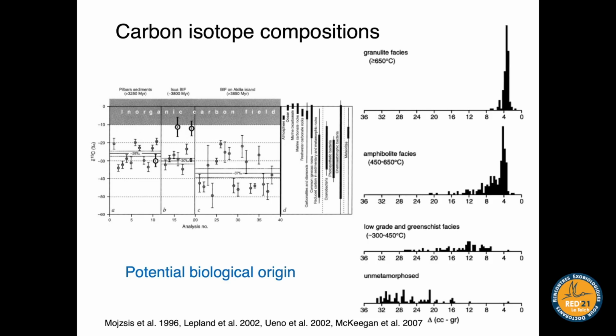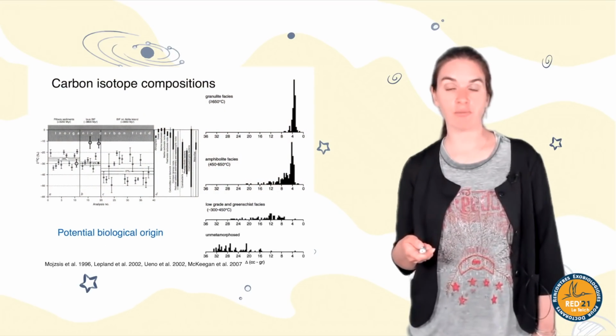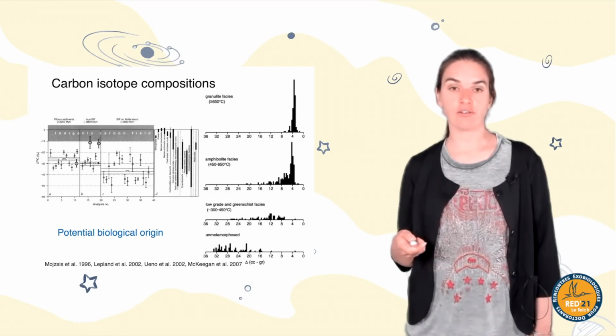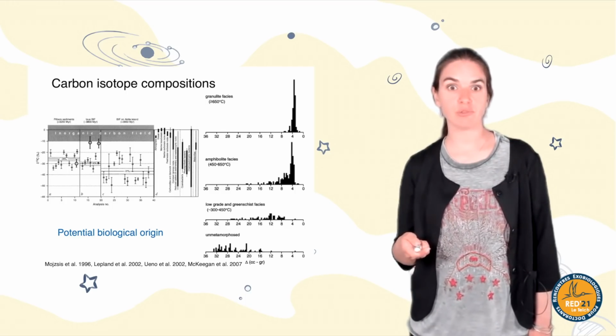In Isua, we still have a large range of variation with very low delta 13C values.